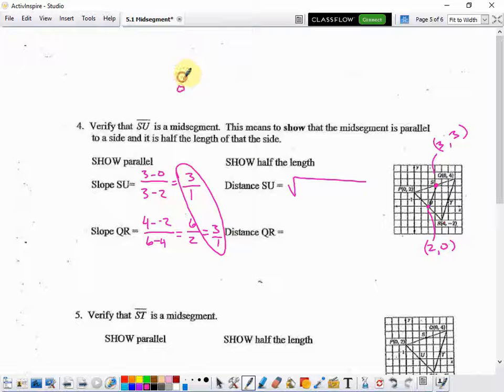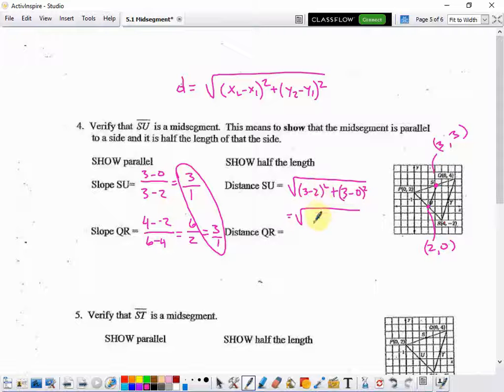Distance formula is the square root of x2 minus x1 squared plus y2 minus y1 squared. So in SU, the x's are 3 and 2, so 3 minus 2 squared plus the y's are 3 and 0, 3 minus 0 squared. 3 minus 2 is 1, squared is 1. 3 minus 0 is 3, squared is 9.